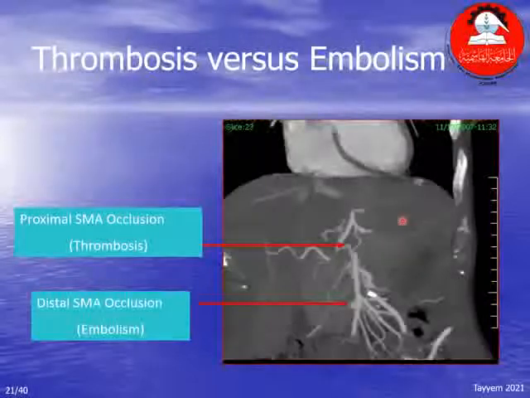And in this mesenteric angiogram, you can see here is the presence of proximal SMA occlusion due to thrombosis, and distally here you can see a clot due to embolization. So both could coexist in the same patient.